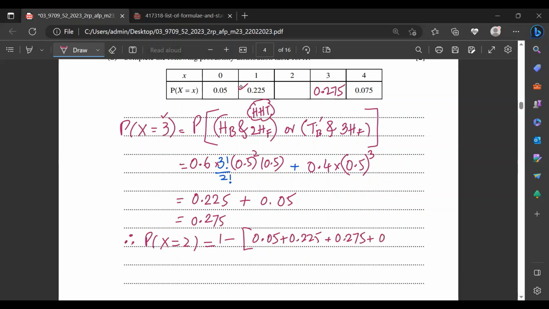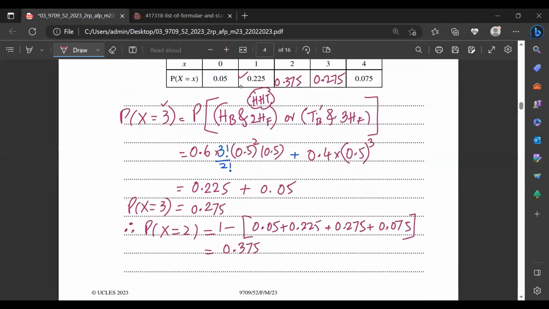The sum of probability is always equal to 1. So when you simplify, it is 0.375. So we have the answer to this part.